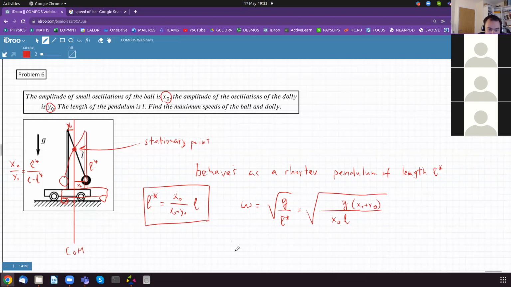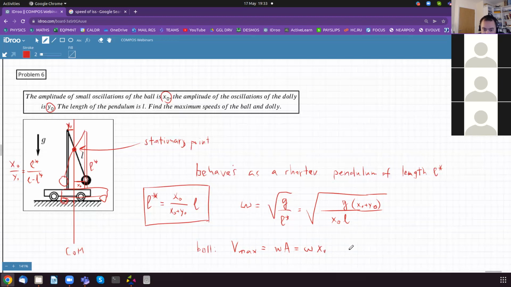And we know that V max, the maximum speed, is omega times A, the amplitude. So for the maximum speed of the ball, V max is omega A equals omega times x0.